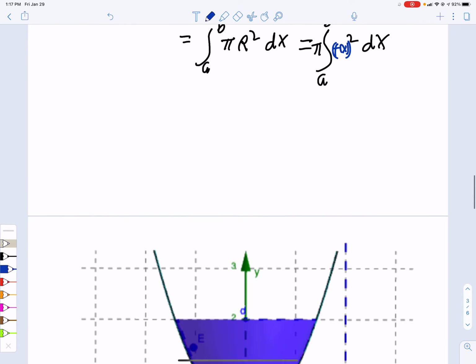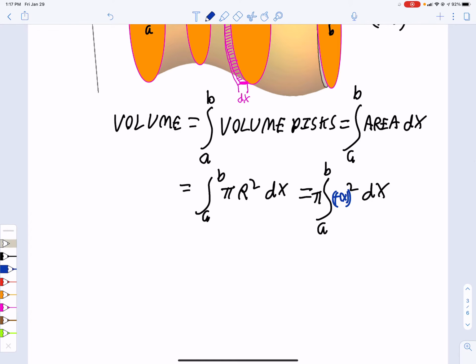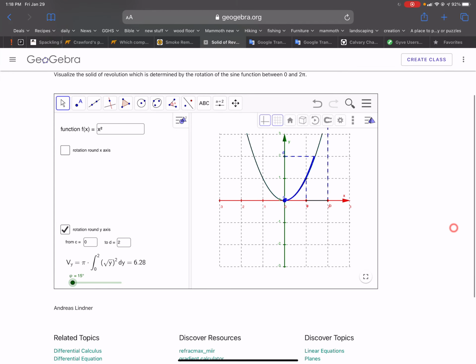Okay, before we go to this next example, I have another illustration for you. This time, we're going to rotate around the y-axis. So we have the function y equals x squared, and we have a line y equals d, and the y-axis, and you get this region, but now we're going to rotate around the y-axis this way.